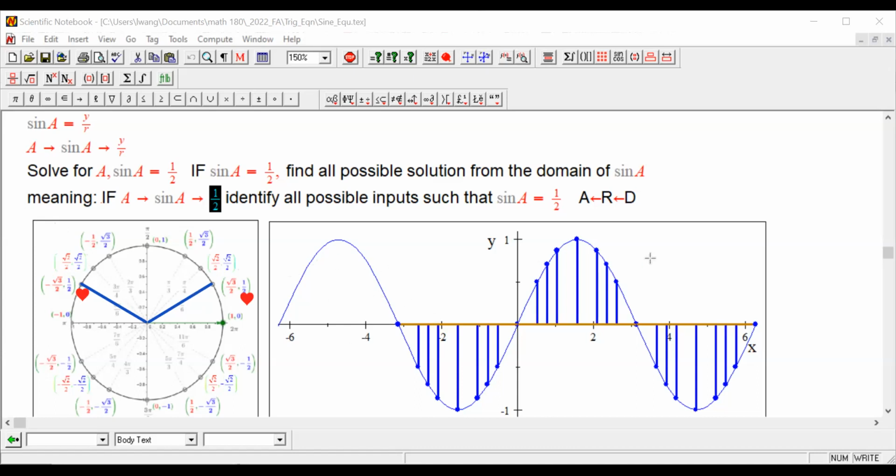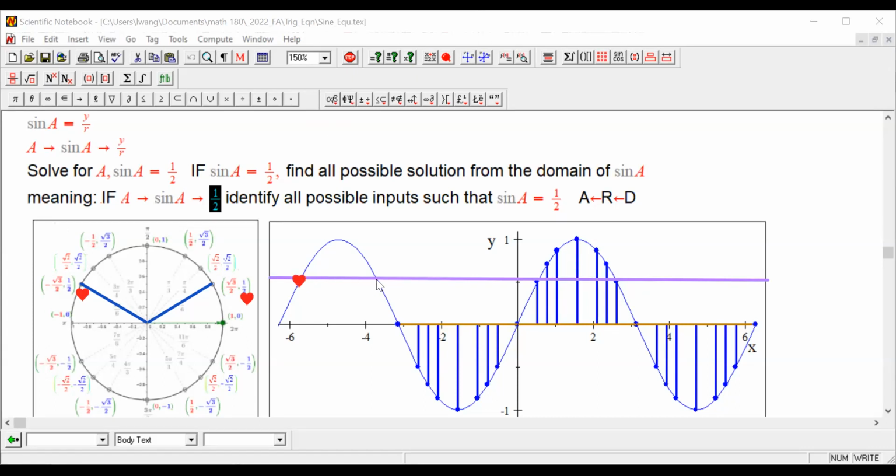And from the graph we see this. If we draw a horizontal line crossing half, I'm going to use a different color so it doesn't confuse with the blue, the horizontal line at half crosses at all these points. How many solutions do we have?